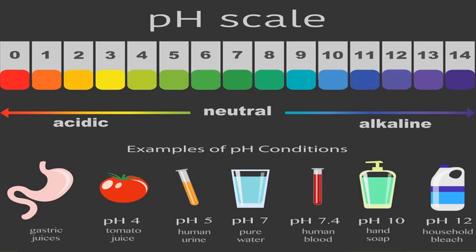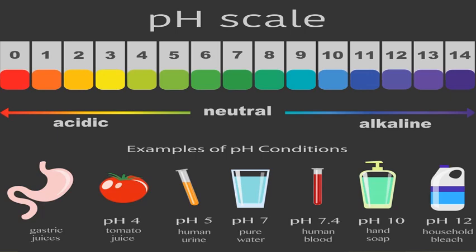So this is the pH, and now some important chemical substances which have pH values. Gastric juice is basically enzymes produced by the stomach and a strong hydrochloric acid, which has the pH value 1 or 2.